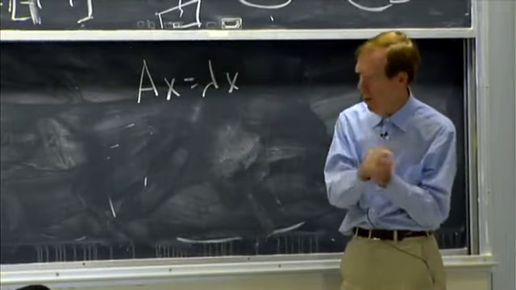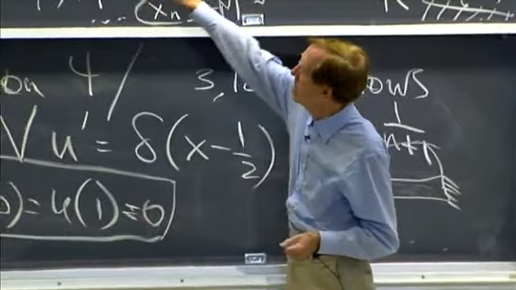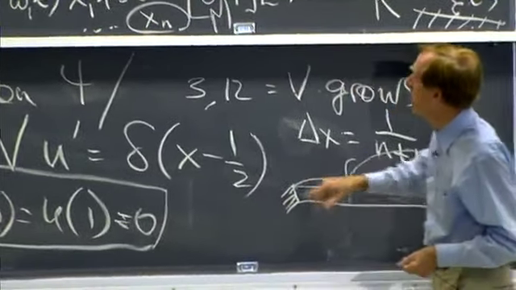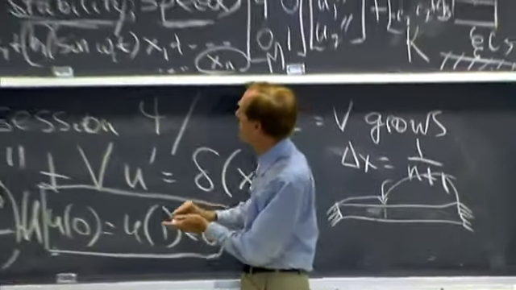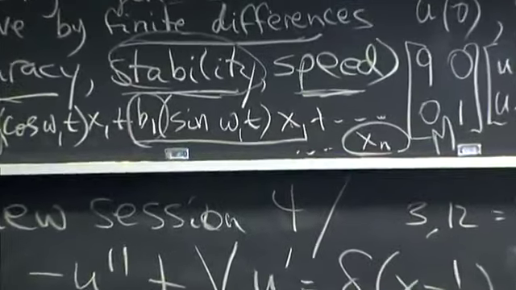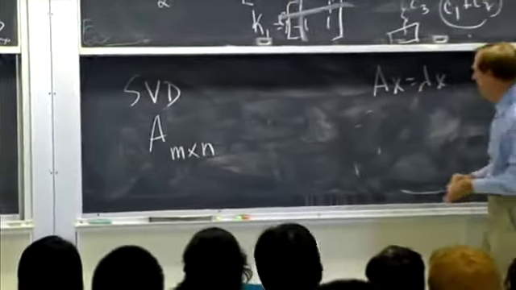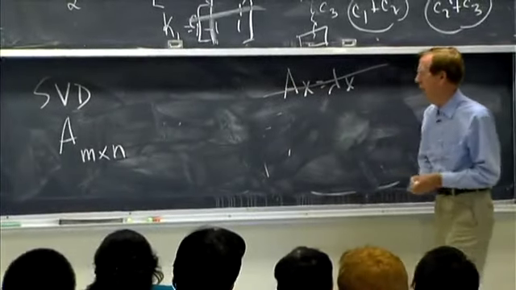And then, as we saw today in the part that's partly still up here, we could solve equations by following these special guys. Okay. What do we do for a rectangular matrix? What replaces this? So this is now not good.